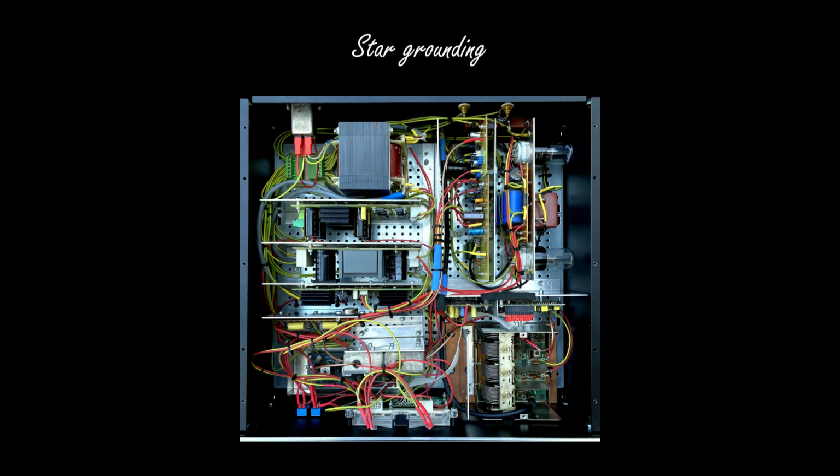Furthermore, the ground side of the signal input sockets, the RCA analog signal input sockets, for example, should be isolated from the chassis, and those should be connected to the central grounding point by a cable or through the shield of the shielded cable.